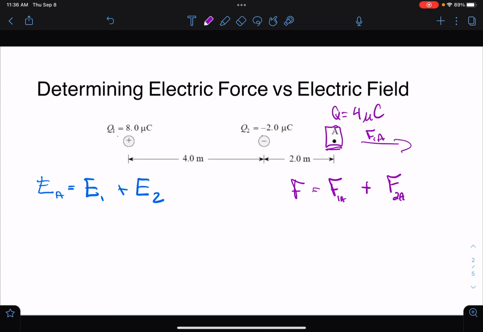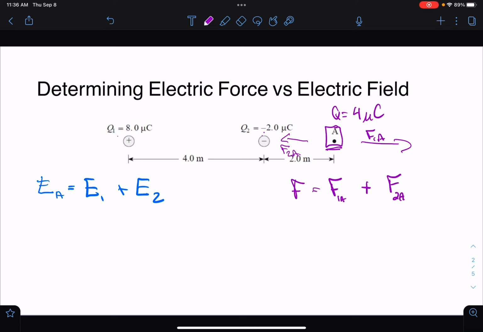However, our negative is going to attract it, so our force from Q2 on A is going to be in the opposite direction. So once again, you can include the sign in your calculation, which would make your overall force negative, or you can look at the absolute values and then look at your vector diagram to determine whether you are adding or subtracting these vectors.